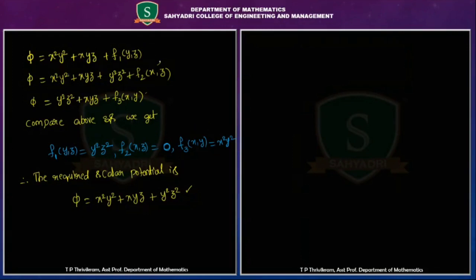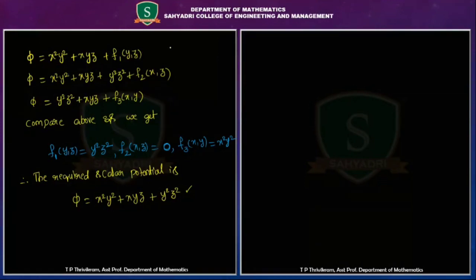No, sir, I didn't get it. What's your doubt actually? You need to find the value of phi. F1 we found, I understood. F3 we found. F2 is 0. But how is F2 0, sir?